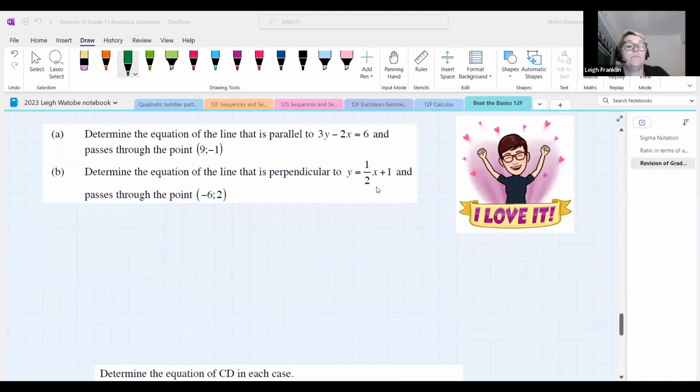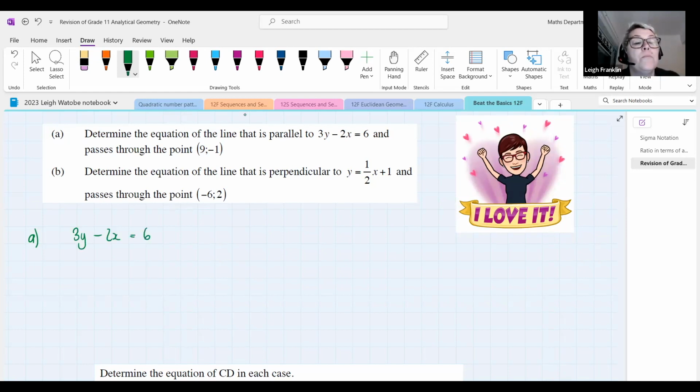Okay. So question A, do we know what to do here, Matrix? They've given us an equation. It's not in standard form. What would we need to do first? First, you'd have to change it to standard form, which is y equals mx plus c.